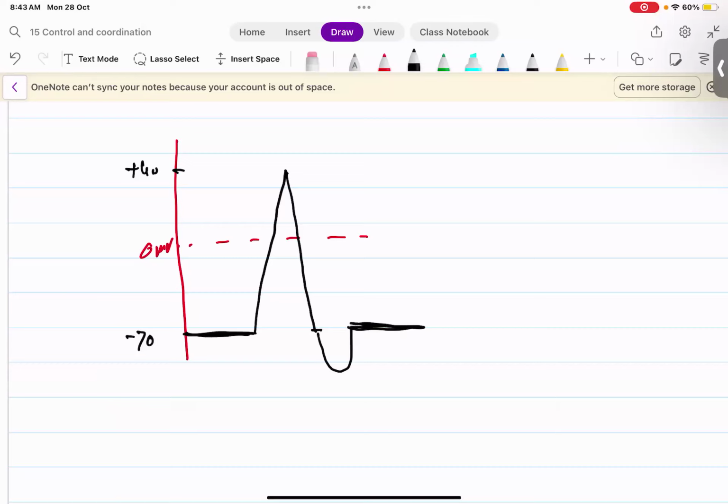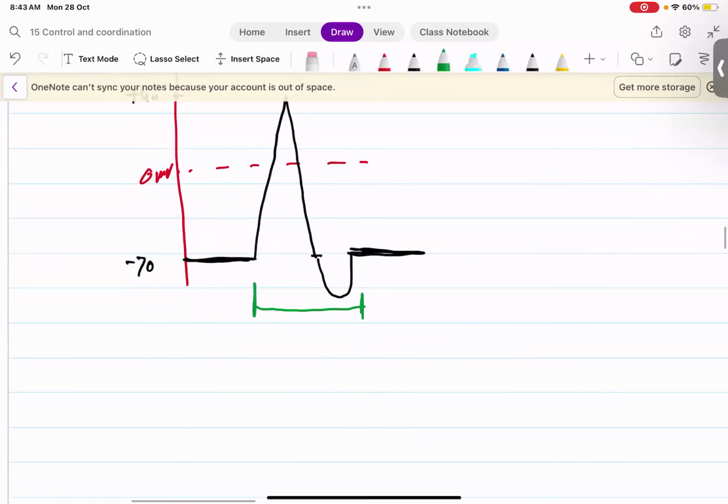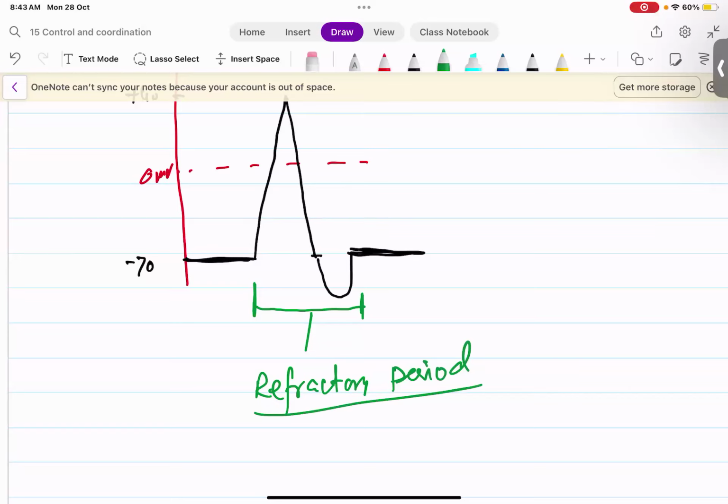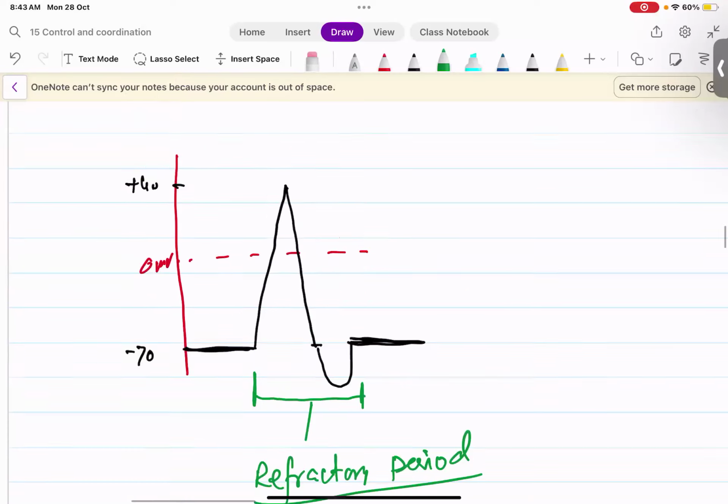So this wave of depolarization and repolarization is known as an action potential. And the period from this resting potential to restoring the resting potential is known as a refractory period. We'll discuss how we can find the refractory period from a graph and the importance of this refractory period in the next lesson.